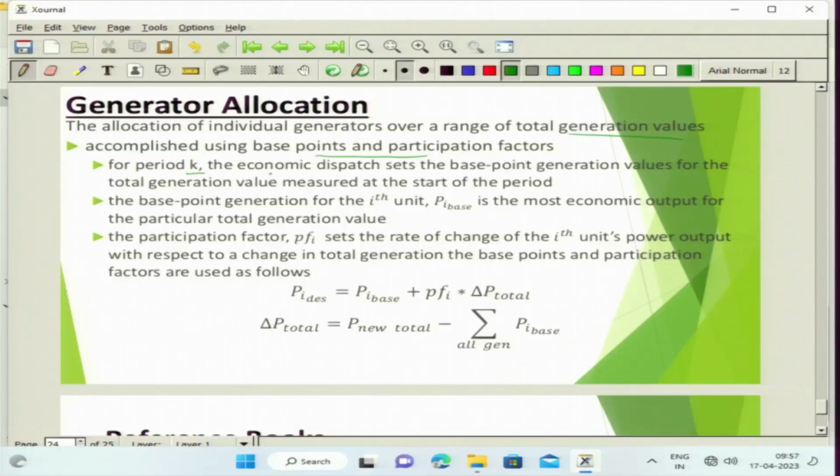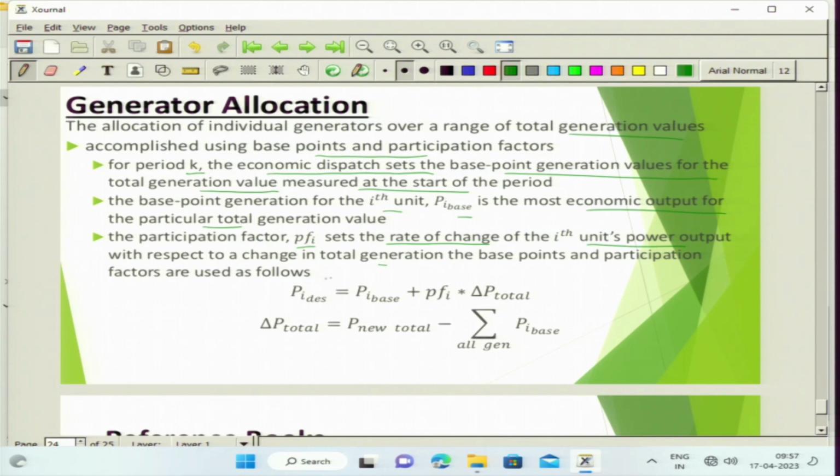So for period K, the economic dispatch sets the base point generation values for the total generation value measured at the start of the period. The base point generation for the ith unit, PI base, is the most economic output for the particular total generation value, correct? The participation factor PFI sets the rate of change in the ith unit's power output with respect to a change in total generation.